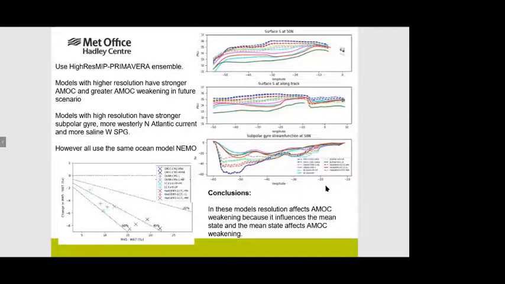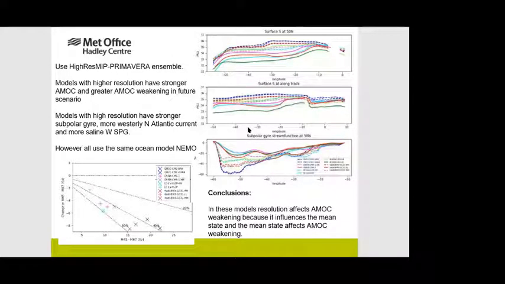So there was a little bit of discussion about the fact that the simulations have both increased ocean and atmosphere resolution. Are you able to say anything about whether it's predominantly an ocean resolution increase? In our models, the two models I showed the detail of, both the ocean and the atmosphere are different.